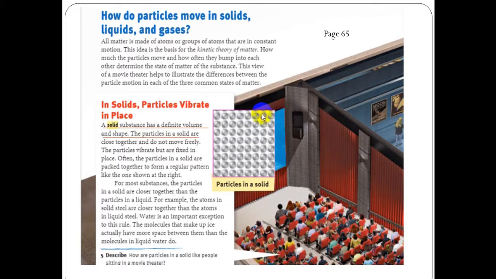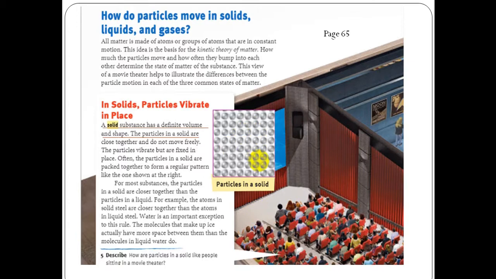They don't have spaces between them, exactly like people sitting here. If you look here with me, you will find that people are sitting to watch a movie or something. They have a little space between them and they don't move around a lot because they are sitting watching the movie. Exactly like the particles of a solid.